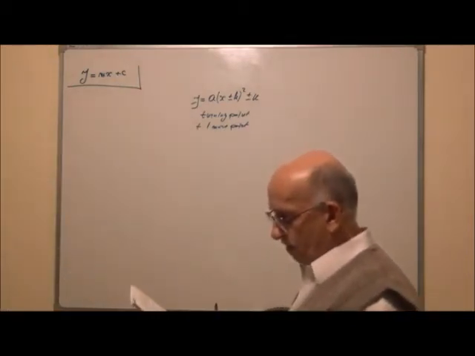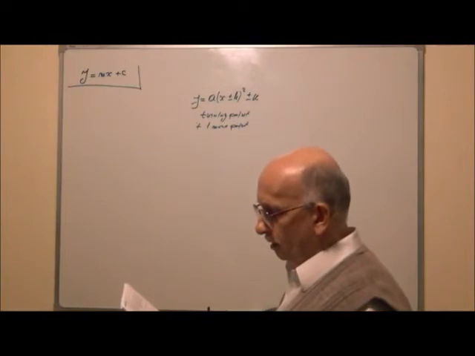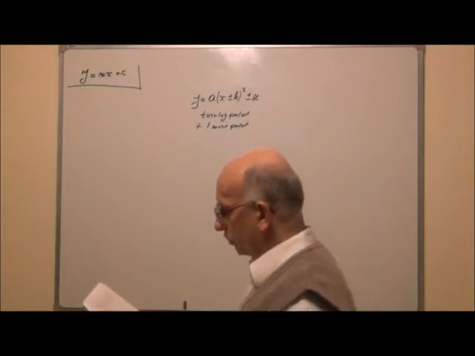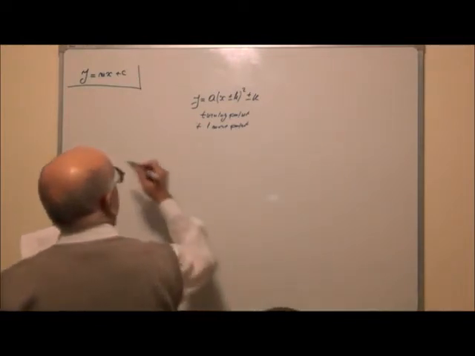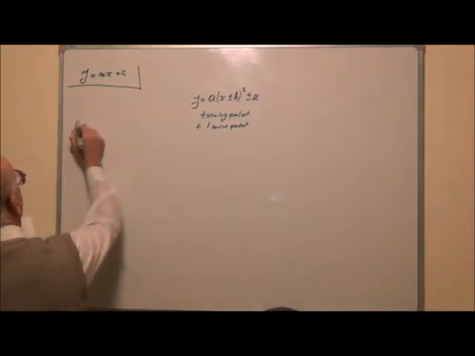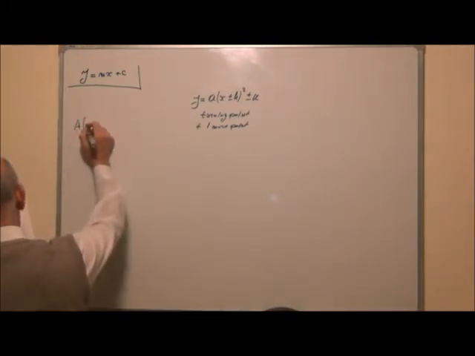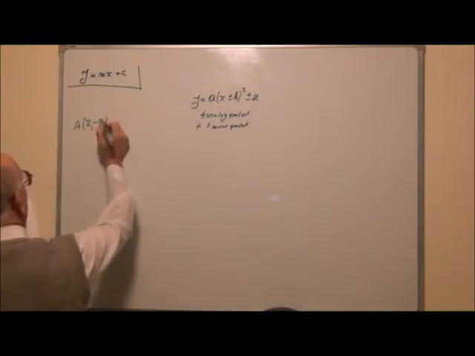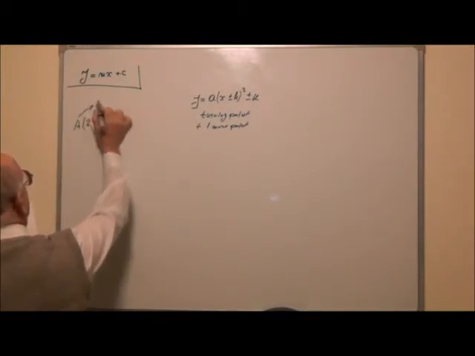It says, example: write the equation of a parabola that has a turning point at A. I'll write here, A with coordinates 2 and minus 4. So this is the turning point.